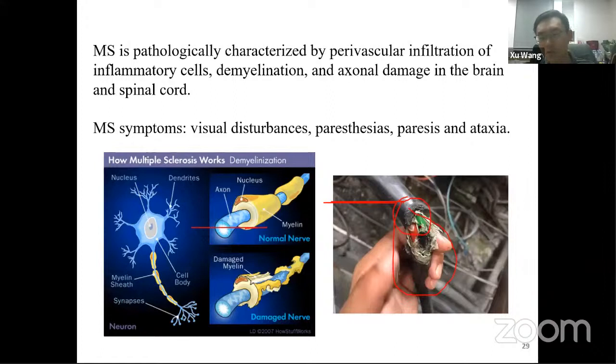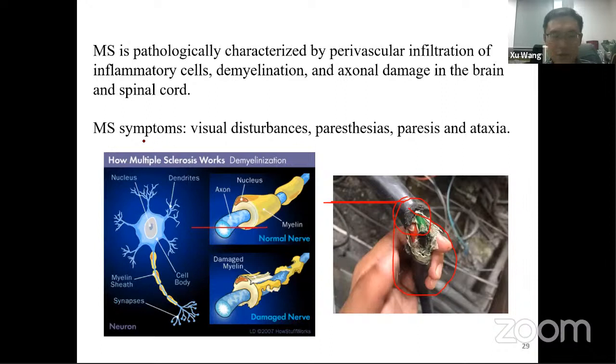We all know that if the cable is damaged like this, we cannot use it because it's not functional anymore. And an attacked neuron is also like this. A neuron with a damaged myelin sheath cannot function properly.